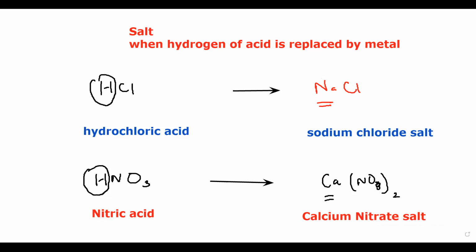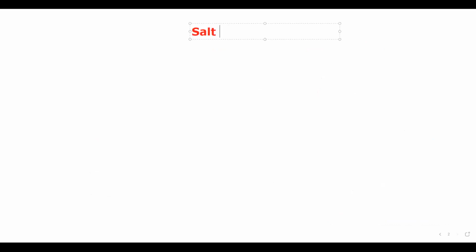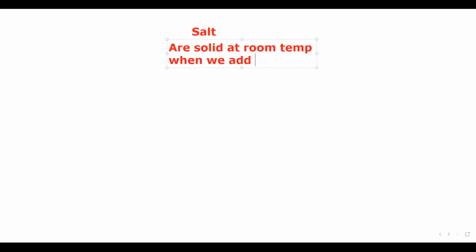And the salt, as we already discussed in topic 2 about experimental techniques, can be soluble. All the salts are solid at room temperature. But what will happen when we add water? Then there are two possibilities.